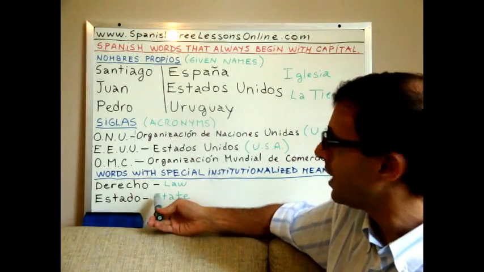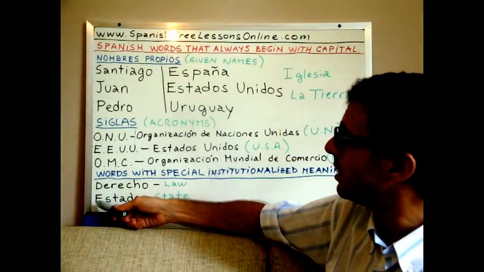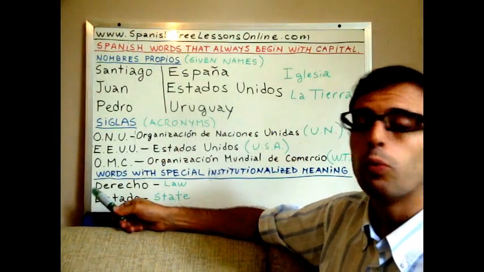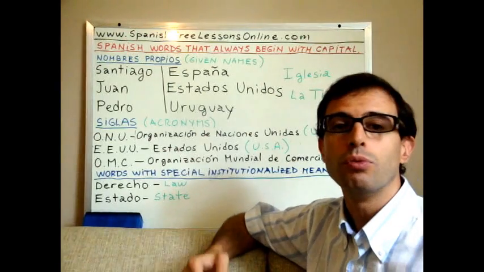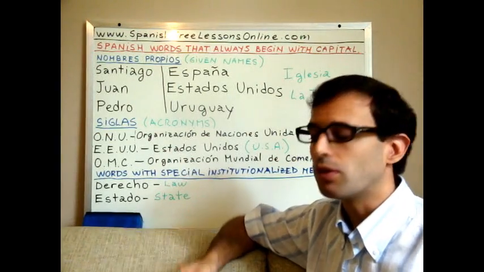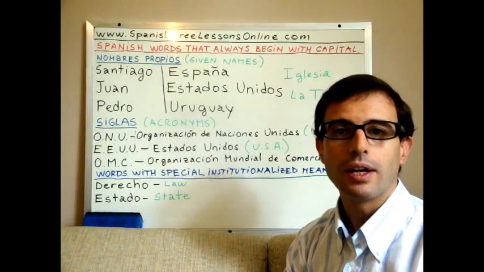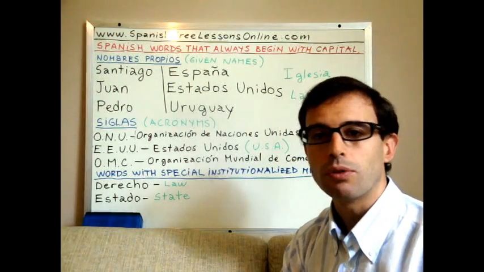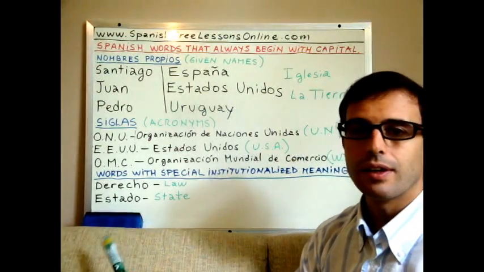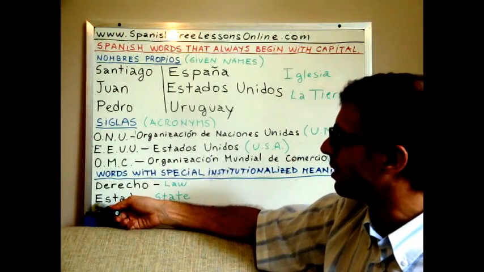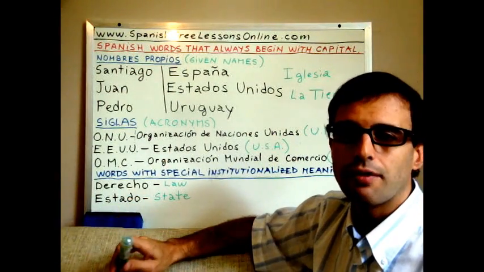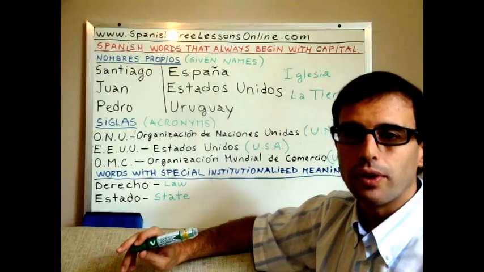When the word state refers to a country, it begins with a capital. When the word state refers to the state of mind, to the state of how something is standing, or if something is fit or broken or not, that meaning of state does not have to begin with a capital, okay?